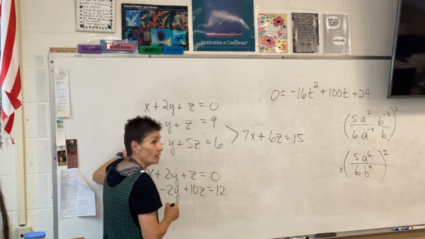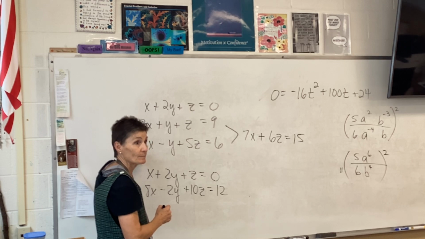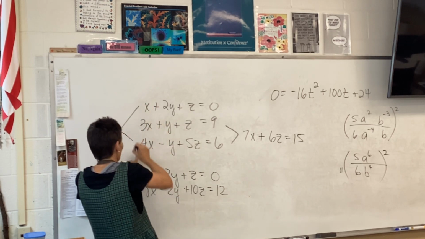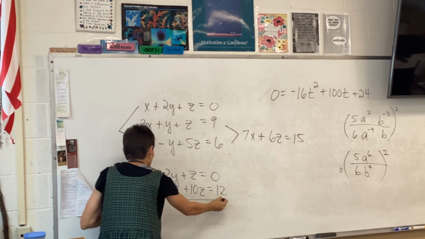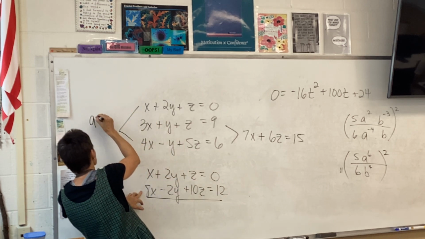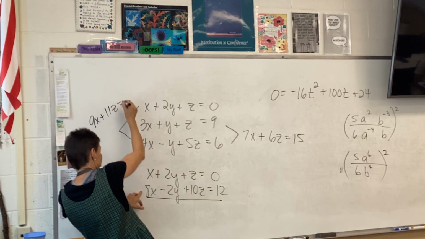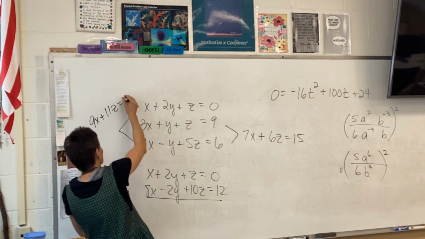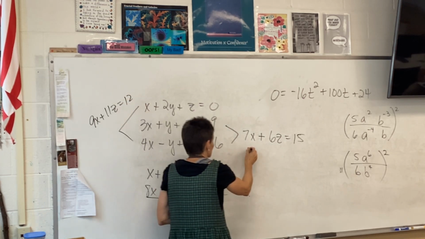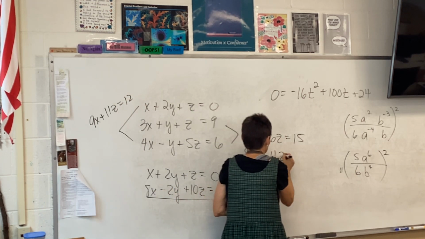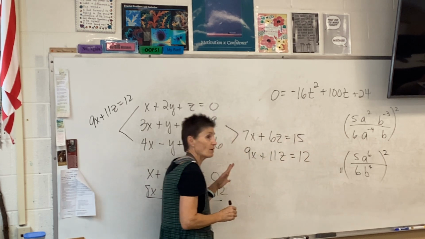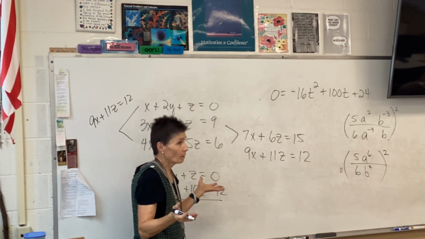That would also eliminate my y's, right? So now I'm doing my top and my bottom, and I'm going to get 9x plus 11z equal to 12. Okay, this isn't very pleasant, but it's doable.